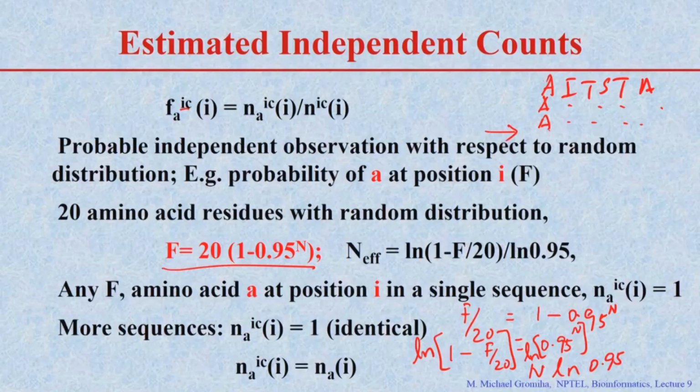One is that it could be A, in which case n effective is equal to 1 because it is identical, and even if you add more, there is no difference because the average is the same. The second possibility is other than A, whatever it is. If it is not A, then it is not identical, and n effective depends upon the amino acid.